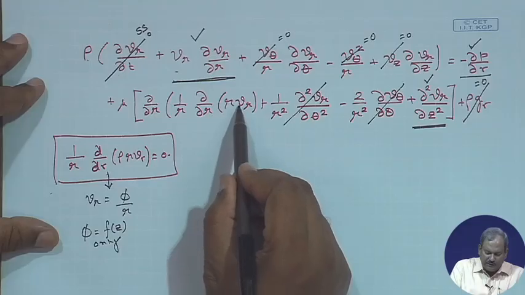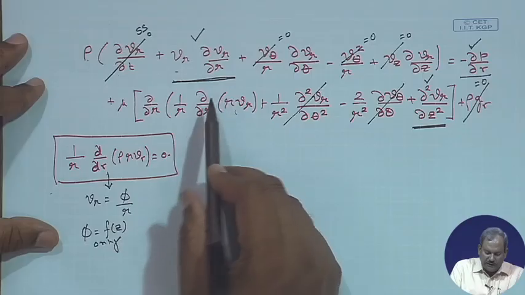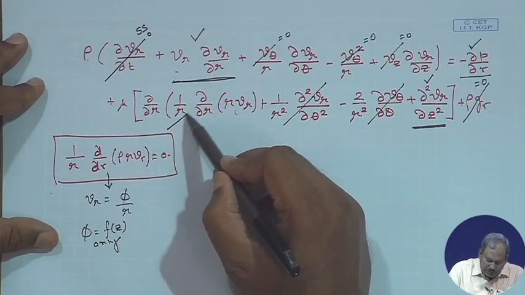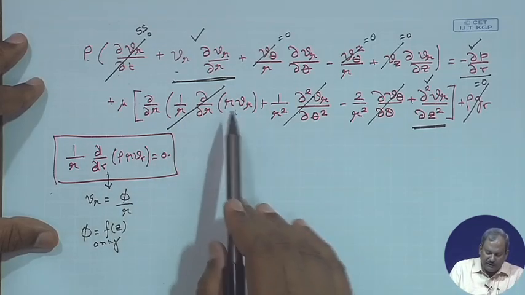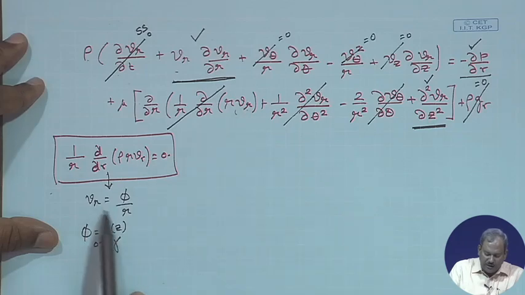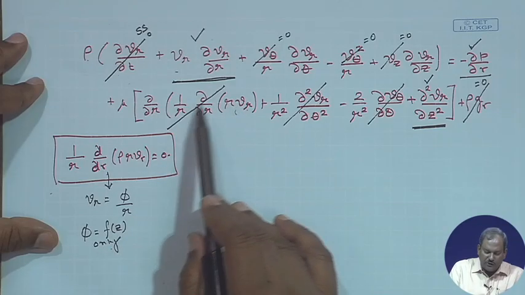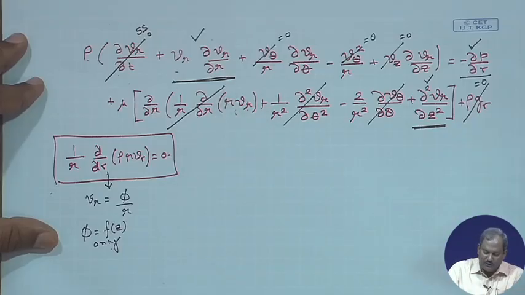So I can replace this with phi, and since phi is a function of z only, the differentiation of phi with respect to r must be equal to 0, which allows me to cancel this term as well. Once again, this r V r is equal to phi, and we have realized from our previous discussion that phi is a function of z only, phi is not a function of r. So del r of phi would be 0. So this term is going to be equal to 0.